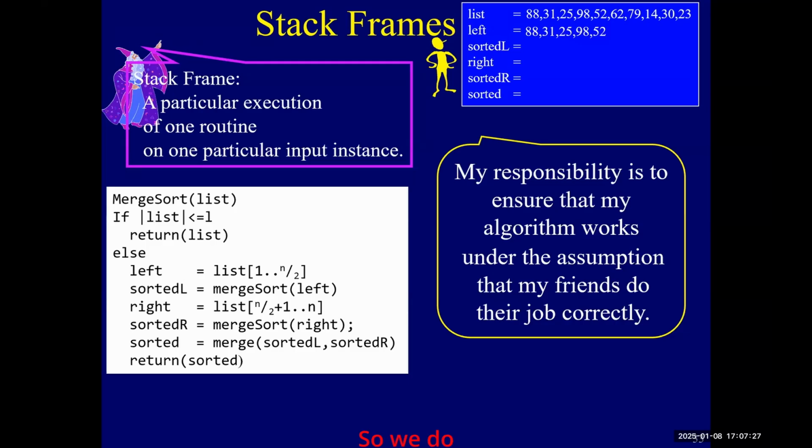Just a little historic side in case it interests you. So we do the first half, and then our friend comes along and magically sorts it. Then I bring down the second half, and my friend magically sorts it. Oh, look at that, I didn't catch what that picture was before.